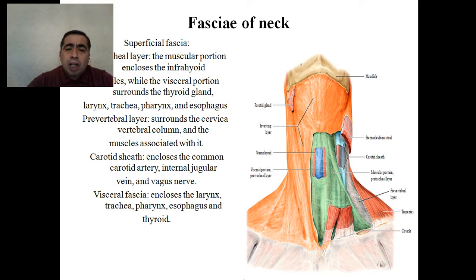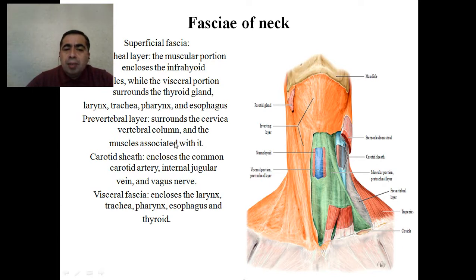About the fascia of the neck: superficial fascia and its pretracheal layer. The muscular portion encloses the infrahyoid muscles, while the visceral portion surrounds the internal organs: the thyroid gland, the larynx, trachea, pharynx, and esophagus.